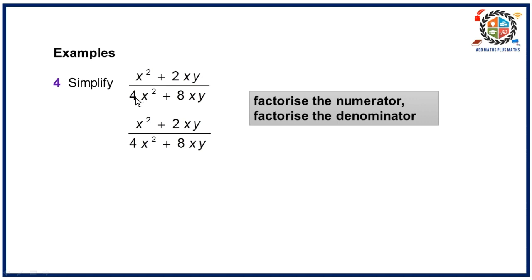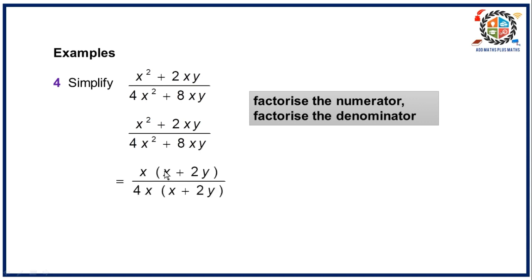I have a common monomial factor of 4x. Why 4x? Because I have an x here, I also have an x on the second term. I can divide 4 and 8 by 4. So I'll have 4x outside, then inside the bracket will become x plus 2y.